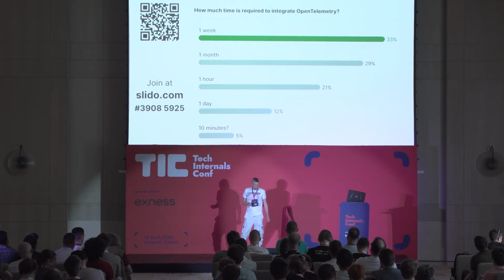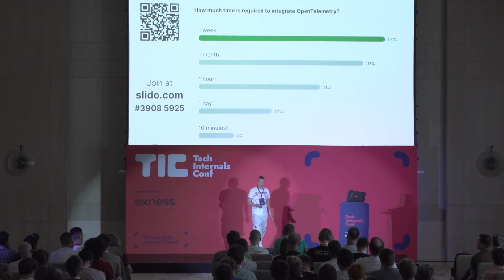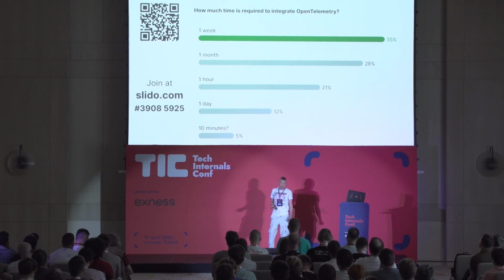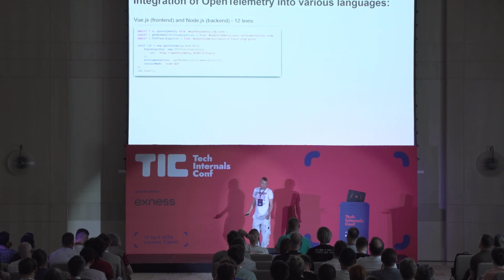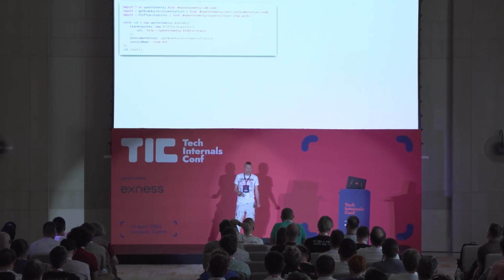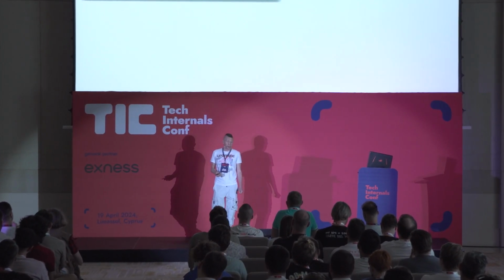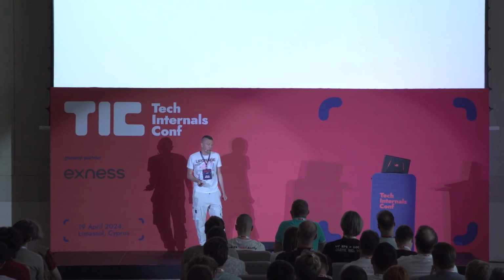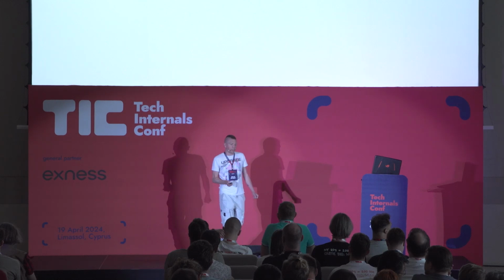Okay, let me then show you how much effort you need to integrate OpenTelemetry in different languages. So here is an example of integrating OpenTelemetry into front-end applications on Vue.js and into a Node.js backend application. It's just 12 lines, so you don't need to modify a lot of things in your code.